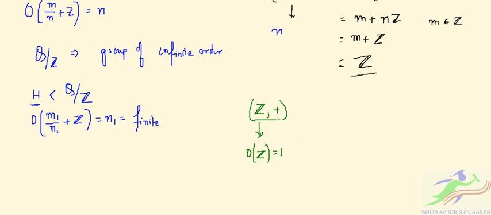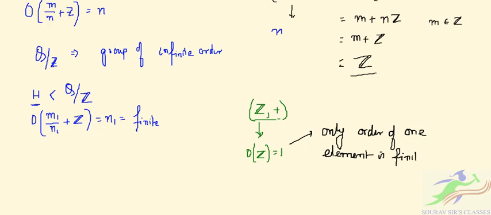So H is not isomorphic to Z plus, since in Z plus the order of only one element is finite and the order of all other elements is infinite, while here the order of each element is finite.